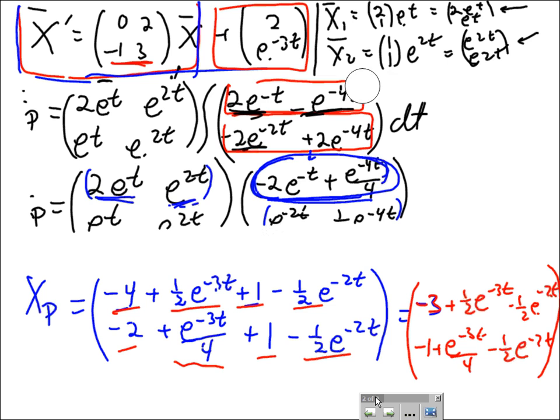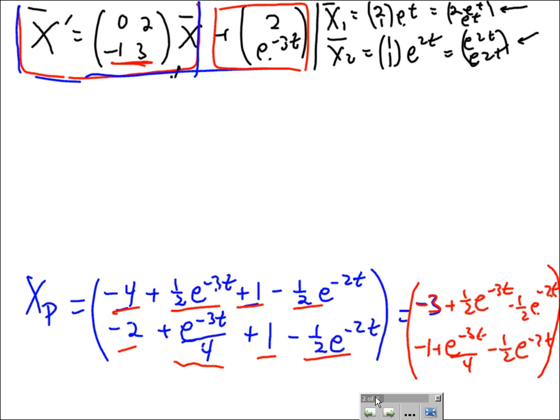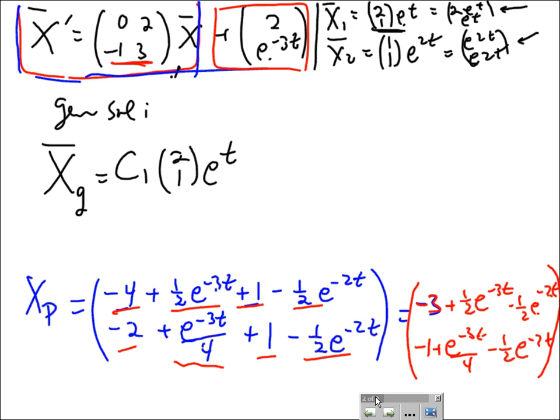And remember, x general, the general solution is always the homogeneous solution plus the particular solution. So the general solution, call it x_g, is equal to c1 times x1. This is part of the homogeneous, plus c2 x2.